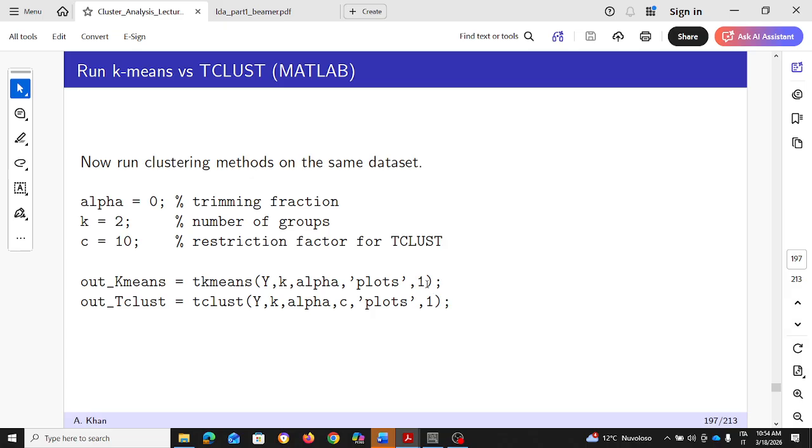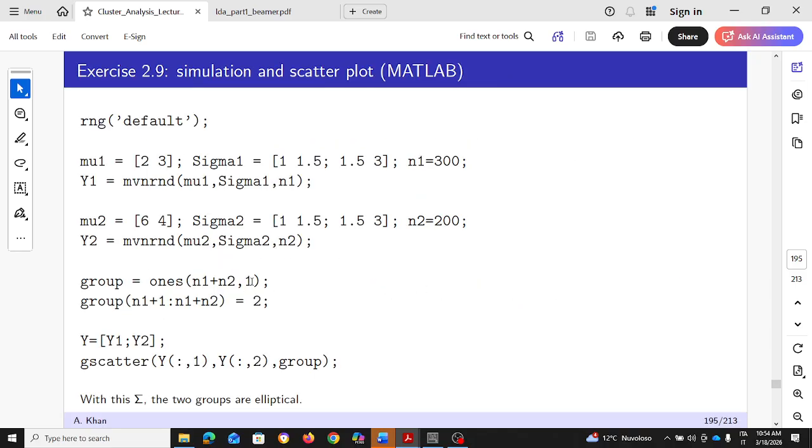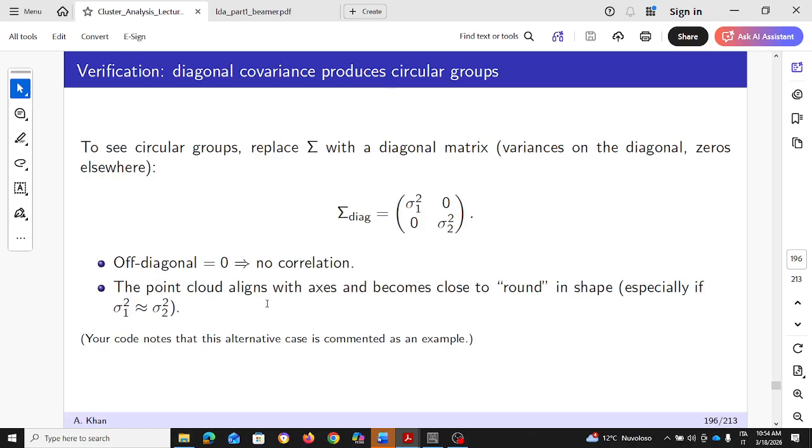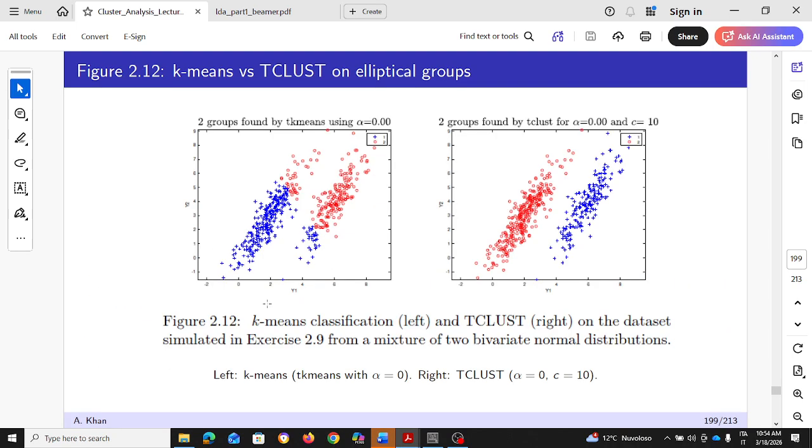Here we have 1 as a label for group 1, and this is for group 2. If you see now, the plots are like this.